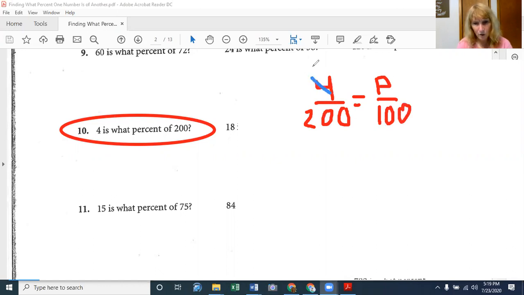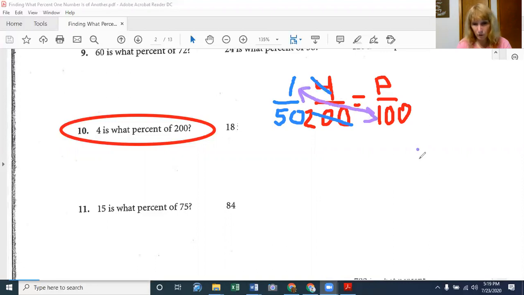4 goes into 4 one time. How many times does 4 go into 200? Well, we put a 5 there. We bring that down, so 50, right? 4 times 50 is 200. Yep, so that's our new number. Let's pick a different color here. Let's do purple. We're going to cross multiply 1 times 100.